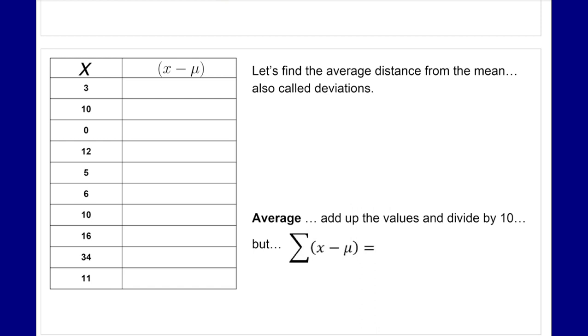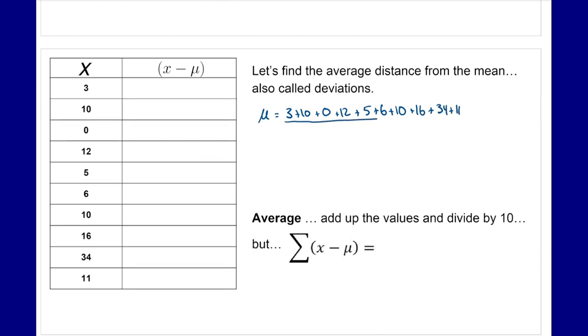Right? So we need to go through and add up all our values. In this case, let's call it the population mean. We're looking at everyone that's on the team that's hitting home runs. So we're going to add up 3 plus 10 plus 0 plus 12 plus 5 plus 6 plus 10 plus 16 plus 34 plus 11.